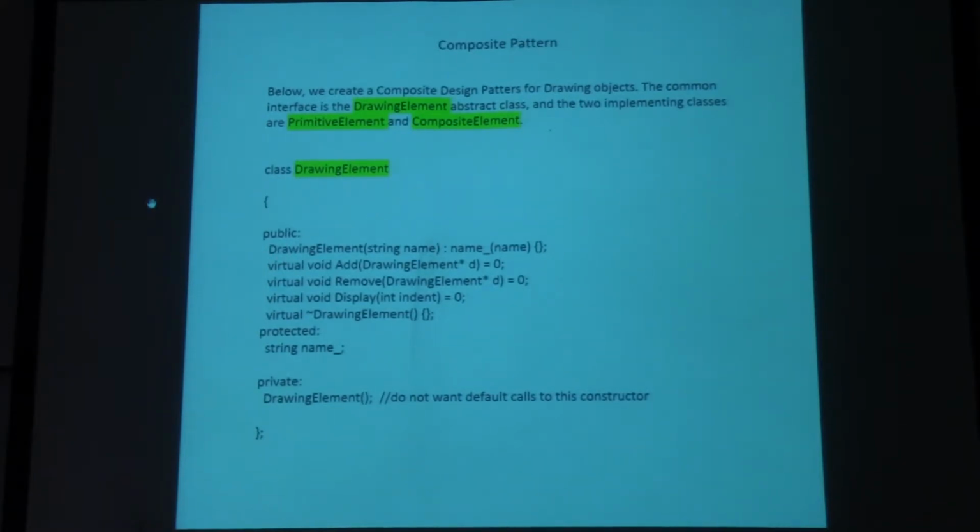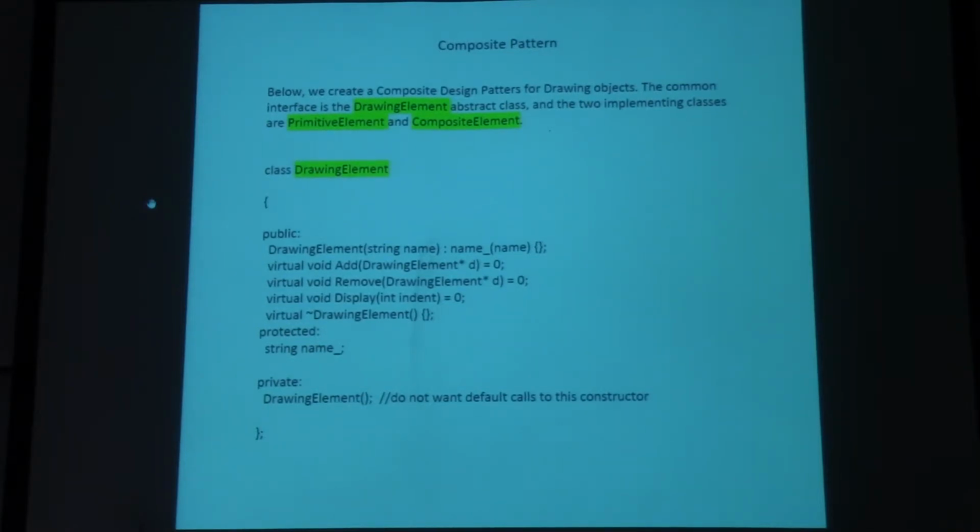For example, it has a property called name, which can be constructed using the constructor here, but that constructor will be called by the subclasses, not by clients. Clients cannot call the constructor here because it's not a concrete class. So the clients can only call the constructor of the subclass. So we'll have to look at the subclasses of drawing element.